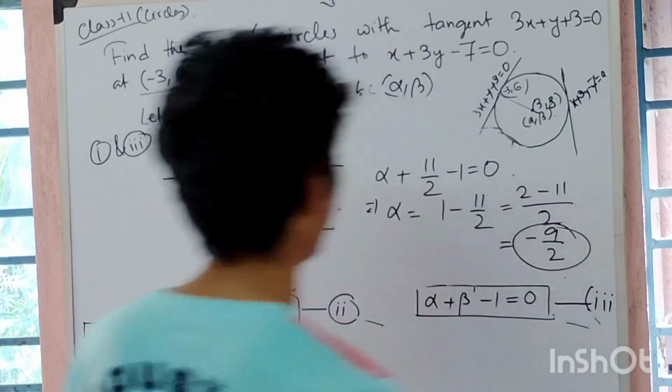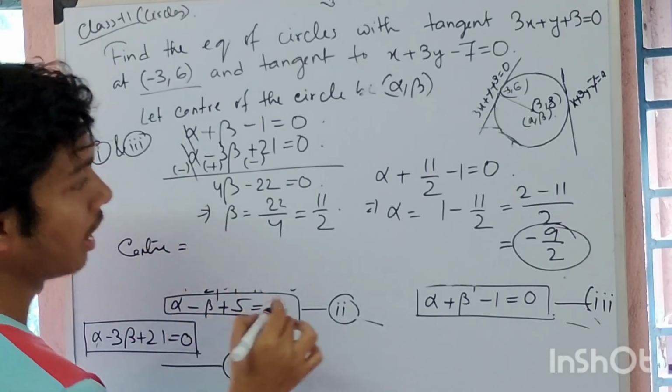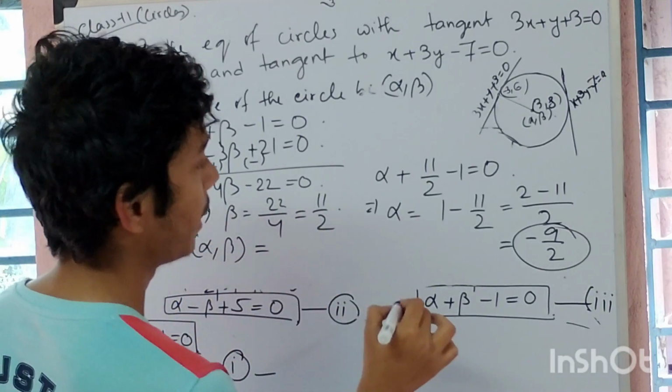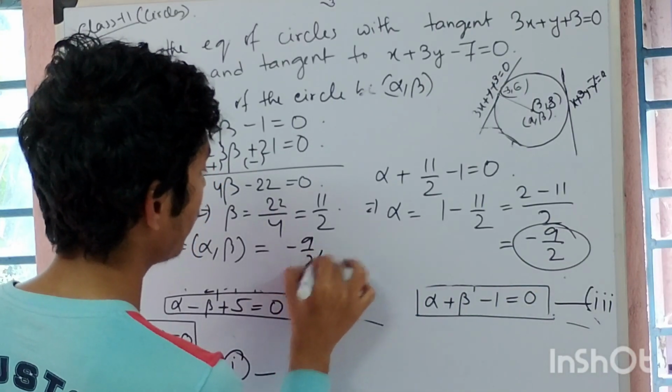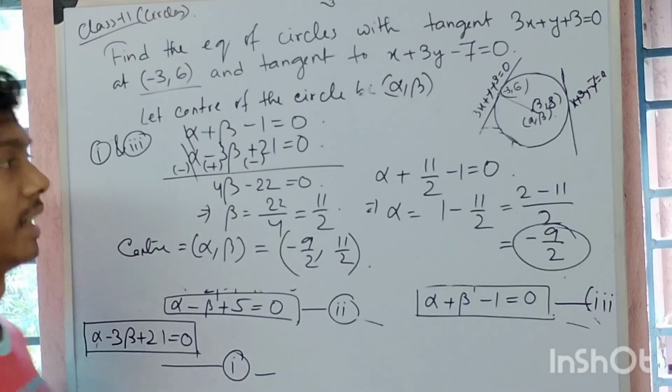So this is the value of alpha. So what is the center? Now my center is alpha beta, where alpha is minus 9 by 2 and beta is 11 by 2. This is my new center.